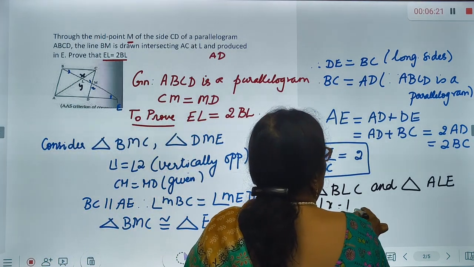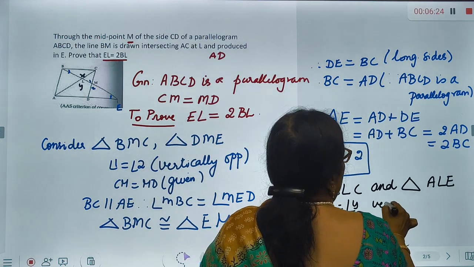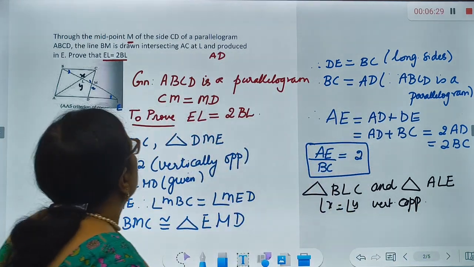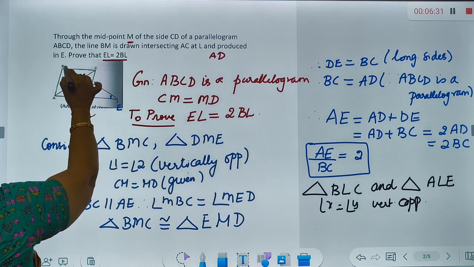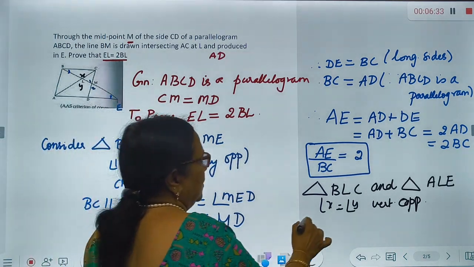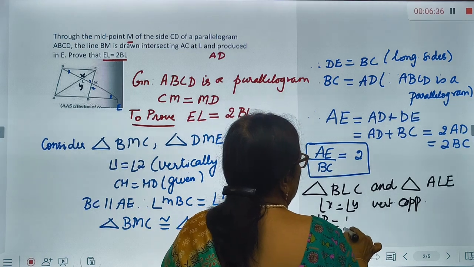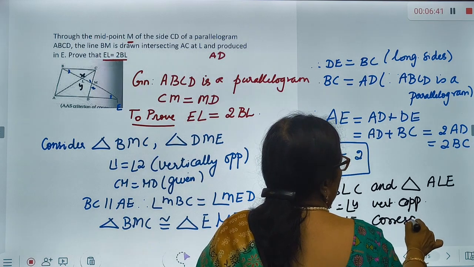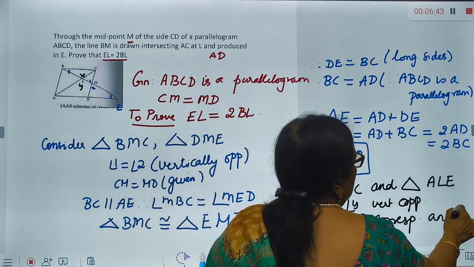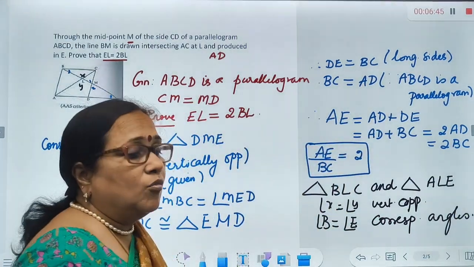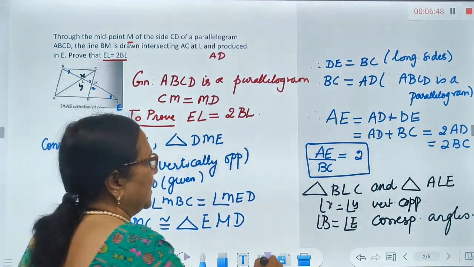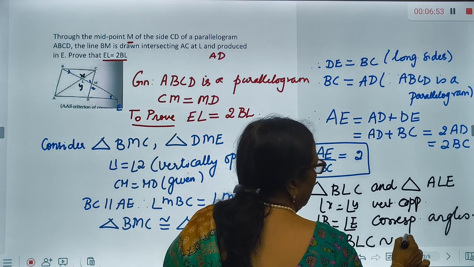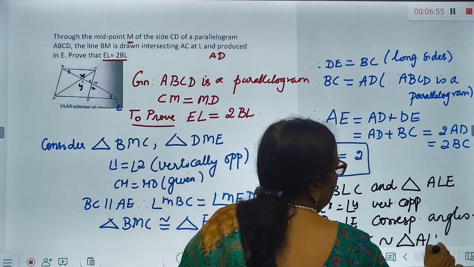Angle X equal to angle Y because they are vertically opposite. Now this angle B is equal to angle E because they are corresponding angles. So if two angles are equal, what can you say about the triangles? The triangles are similar. So triangle BLC is similar to triangle ALE.